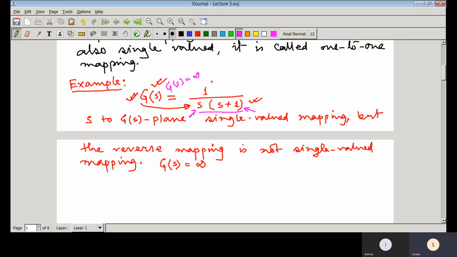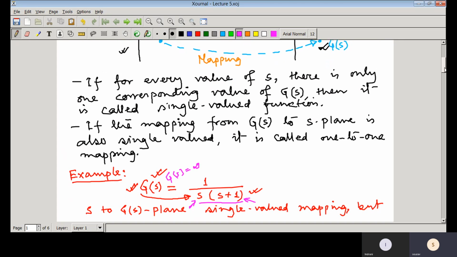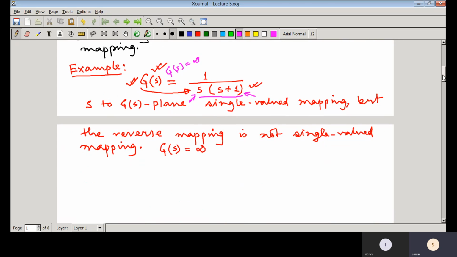That means this infinite point in the G(s) plane is mapped to two points, one is the 0 point and the other is the -1 point. So as infinity is mapped to two points, 0 and -1, it is not a single valued function.